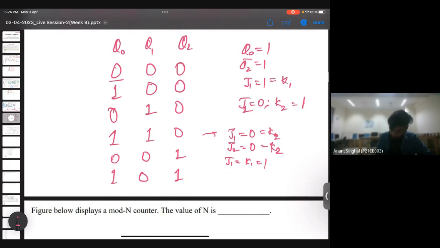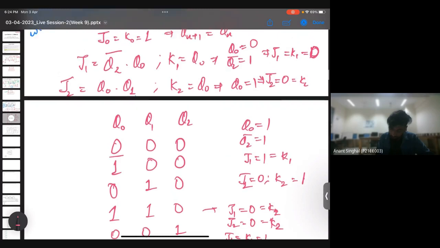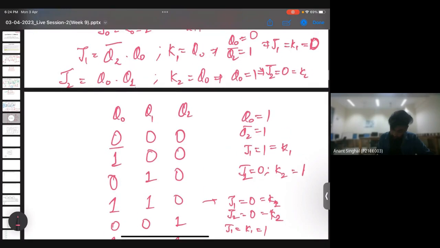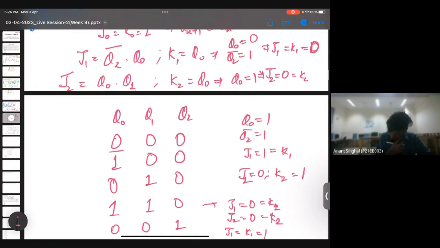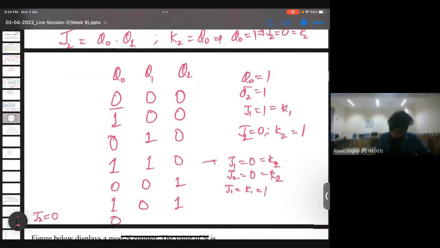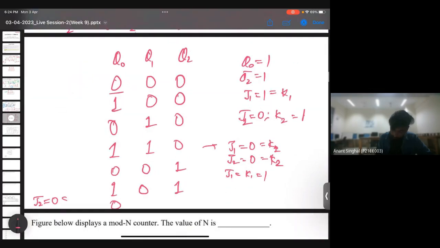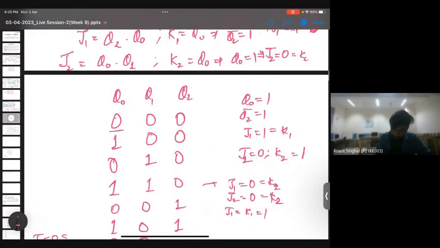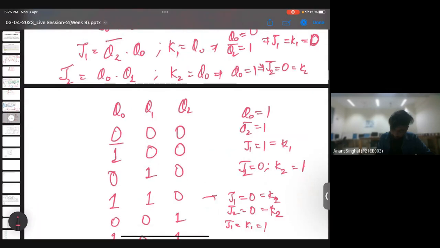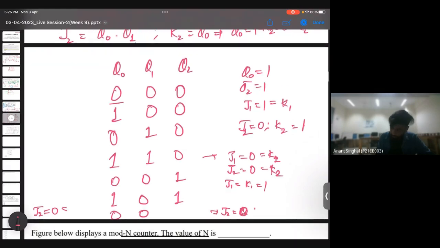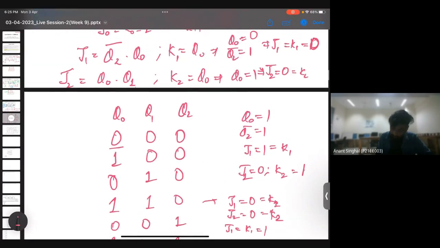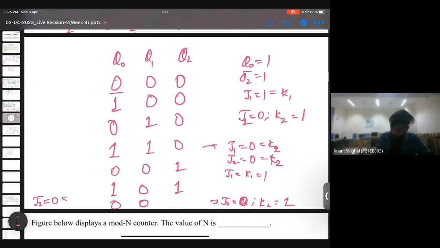Okay, let me proceed to the next step. It will be 0 now, since Q naught is 1 and Q2 bar is 0. So for this state J2 will be 0. Q2 bar is 0 and Q naught will be 1, so it will be 0, and J2 is Q naught into Q1, which is 0, and then K2 will be Q naught, which is 1, so it will be 0.